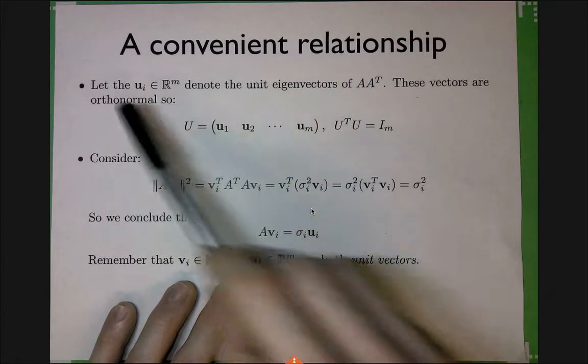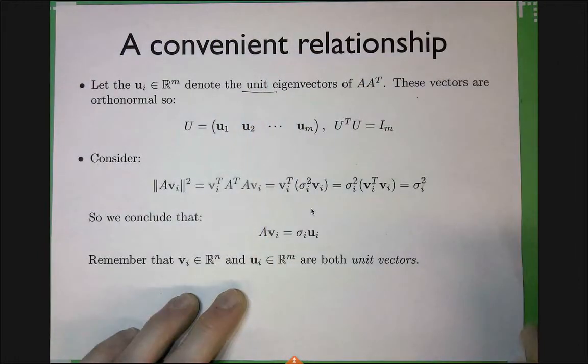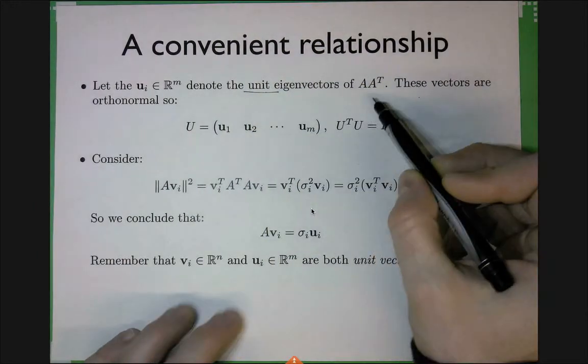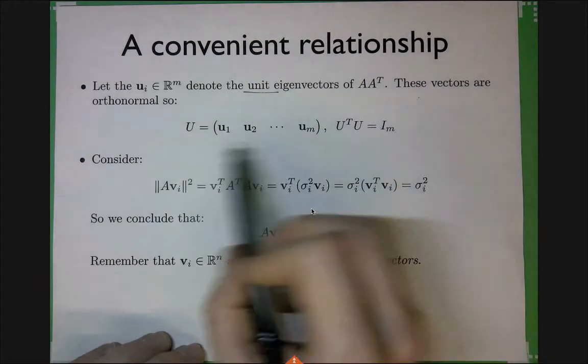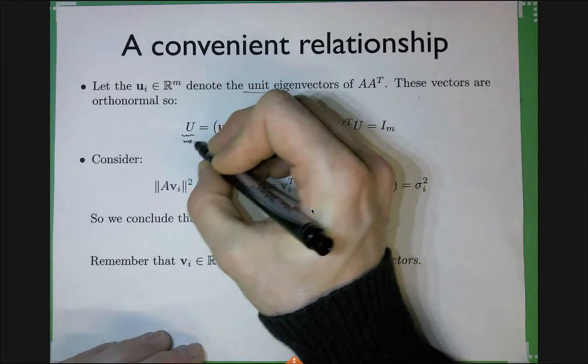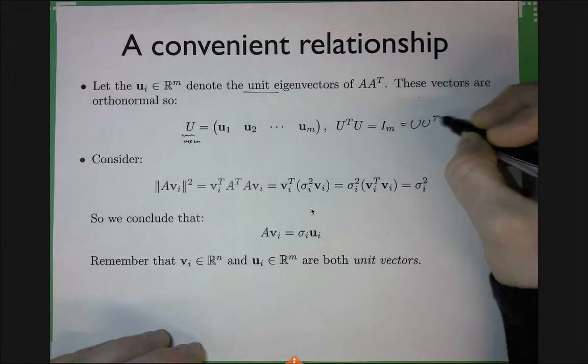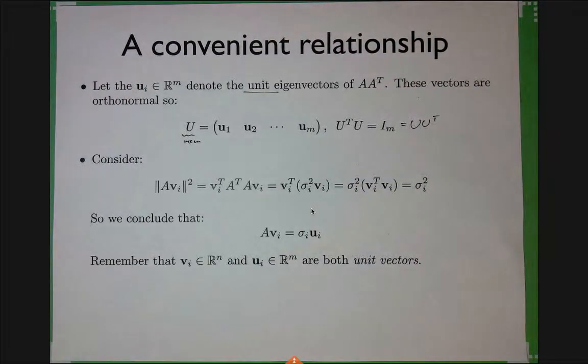So if I say that u_i are the unit, that unit is the keyword here, length 1, eigenvectors of A A^T, then I can put them into a matrix. Now it's going to be an m by m matrix, and it's going to be an orthonormal matrix. So U^T U is I_m, which is the same as U U^T. It's a square orthonormal matrix.